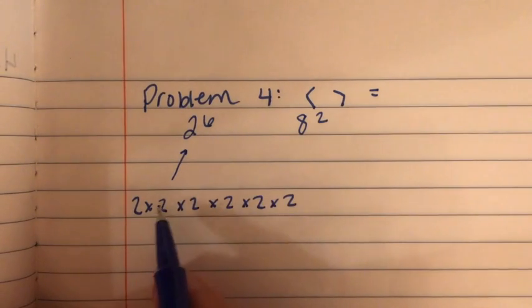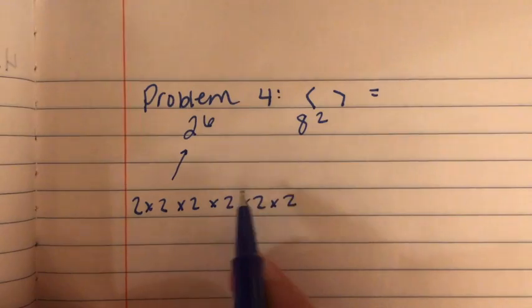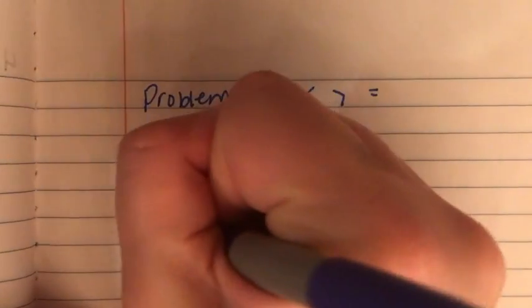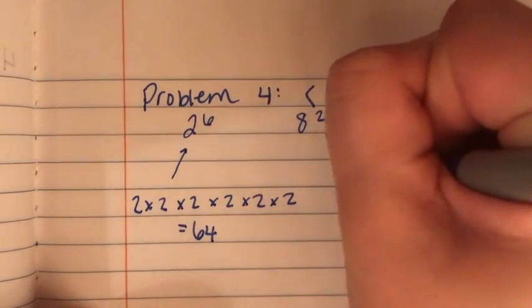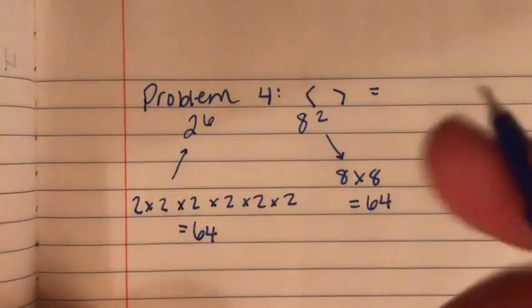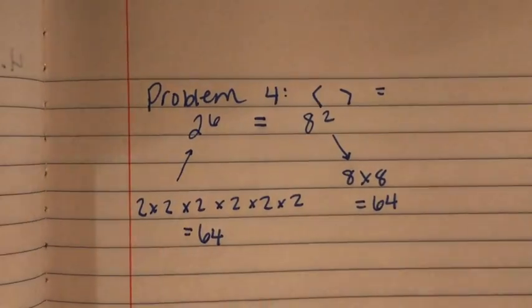So this is going to be 2 times 2 times 2 times 2 times 2 times 2. So 2 times 2 is 4, 4 times 2 is 8, 8 times 2 is 16, 16 times 2 is 32, 32 times 2 is 64. And then this one here is going to be 8 times 8, which is equal to 64. So these two, I would drag the equal sign there.